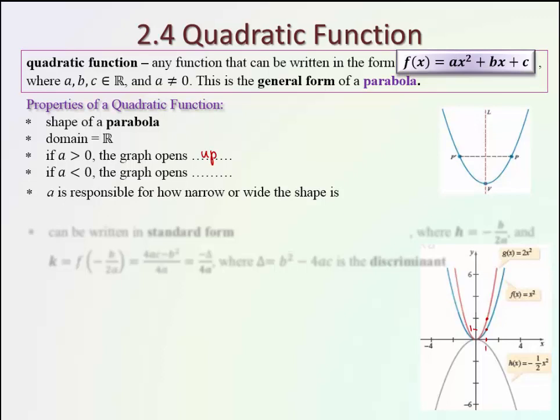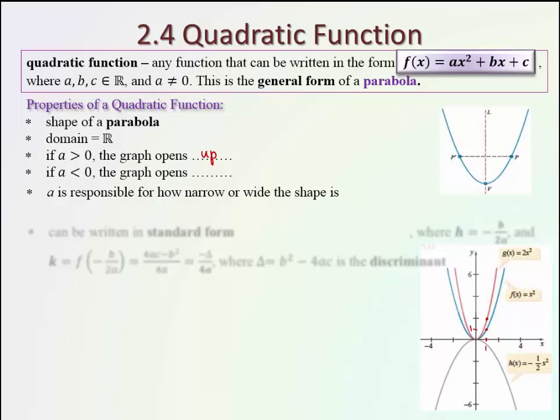And if a is smaller than 0, for example, like this gray graph, negative 1/2 x squared, then the graph will open down. You can observe this on the value at 1. Since 0, 0 is the vertex, the value at 1 will determine if the graph opens up or down.